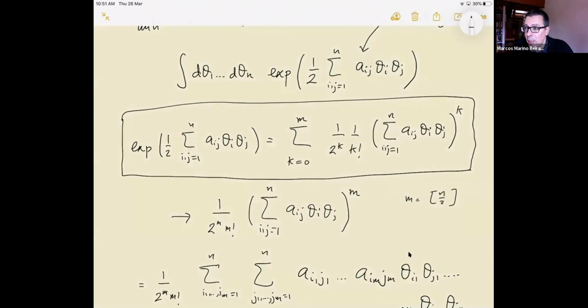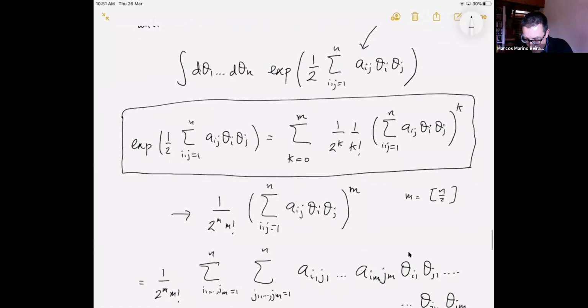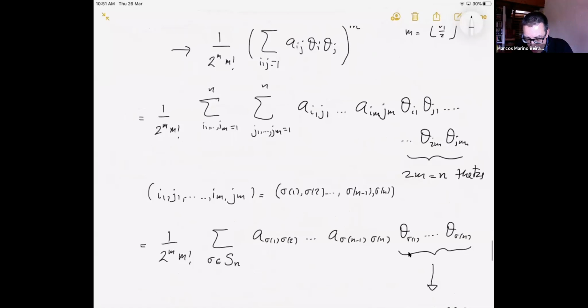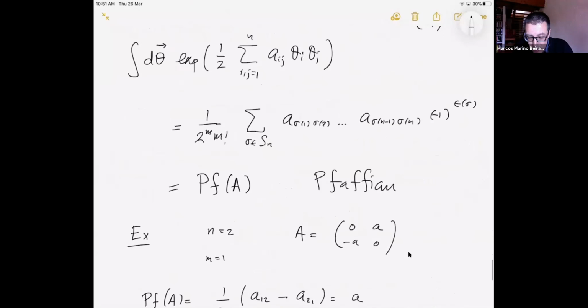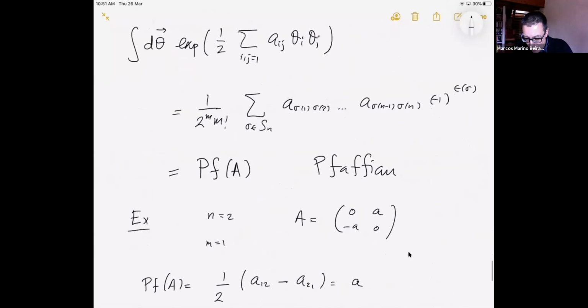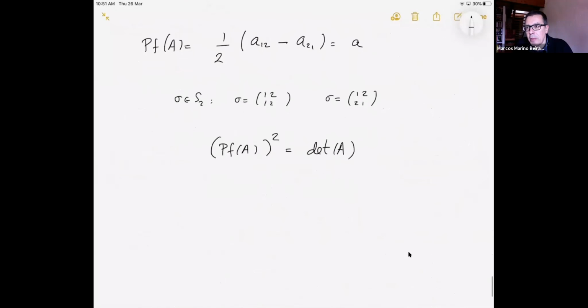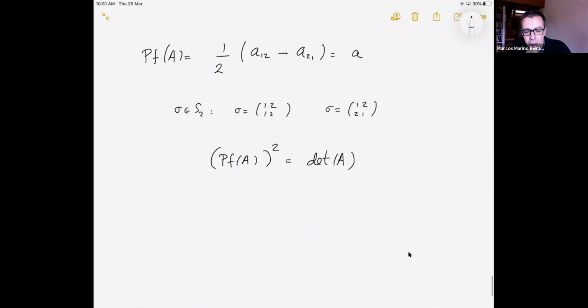This is behind many properties of, for example, supersymmetry in odd dimensions being very different from supersymmetry in even dimensions, and this goes back to this fact. But technically, if n is not even, then Gaussian integrals are always zero. Thanks for the question, because otherwise it sounds very strange that I restrict to an even number of variables.